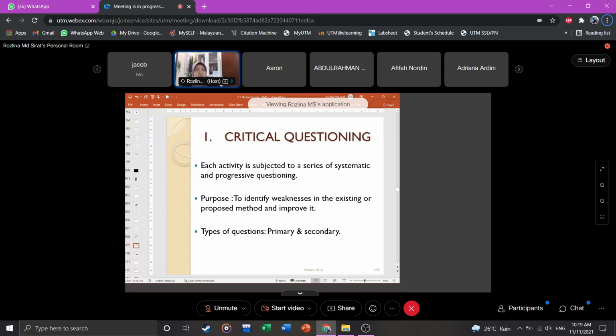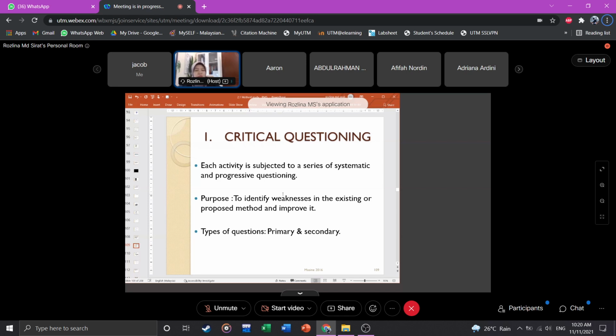Each activity is subjected to a series of systematic and progressive questioning to identify weaknesses in the existing and current method. And then you always do comparison before and after. So how do you know that is the good one or bad one?